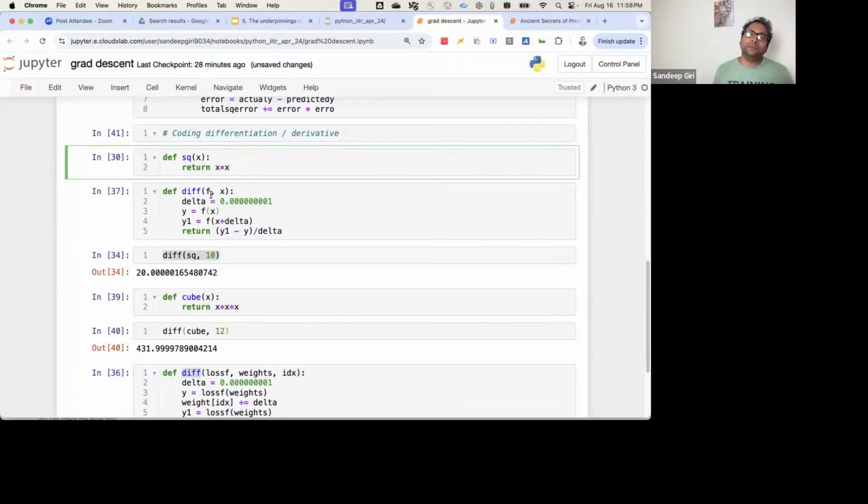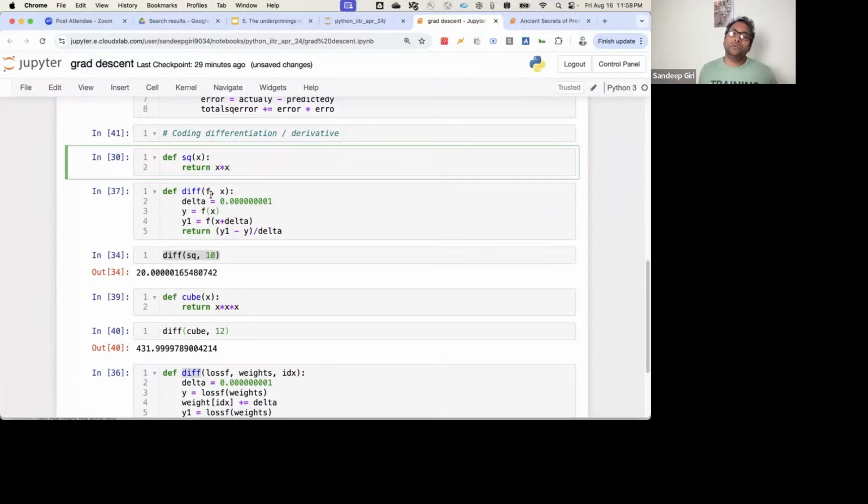When we are going from one place to another, the rate of change of position with respect to time is called velocity. The rate of change of velocity with respect to time is called acceleration. Essentially we are trying to calculate that rate of change.